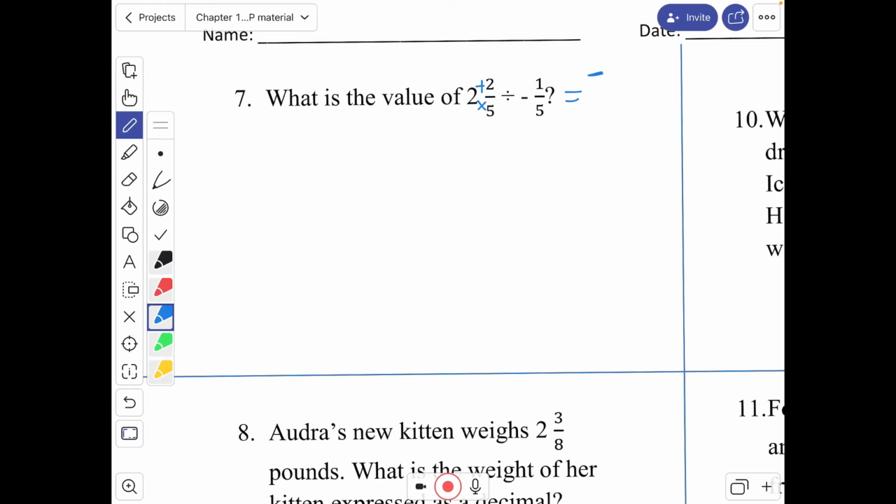So 5 times 2 is 10. 10 plus 2 makes 12. So this is 12 over 5 divided by 1/5. And then you need to do keep, change, flip. So this will be 12 over 5. Change division to multiplication. Flip that fraction to 5 over 1.